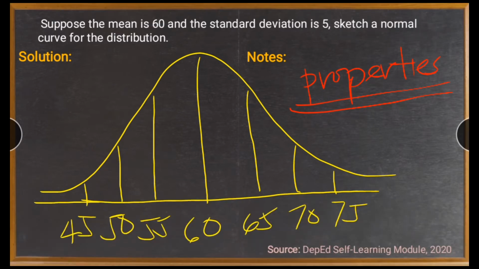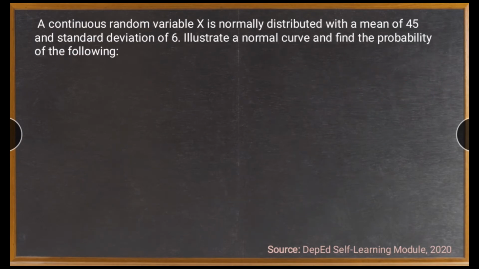Let's have another problem. A continuous random variable x is normally distributed with a mean of 45 and standard deviation of 6. Illustrate a normal curve and find the probability of the following.